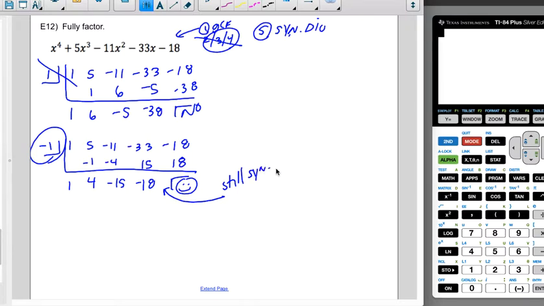And the reason I know that is I can see it has 1, 2, 3, 4 terms, so it's definitely not a binomial or a quadratic trinomial, right? It doesn't have a GCF because if the original didn't have a GCF, then I won't suddenly magically get a GCF. And it's not going to work for grouping because 1 to 4 is not the same ratio as negative 15 to negative 18. So it's still synthetic division.